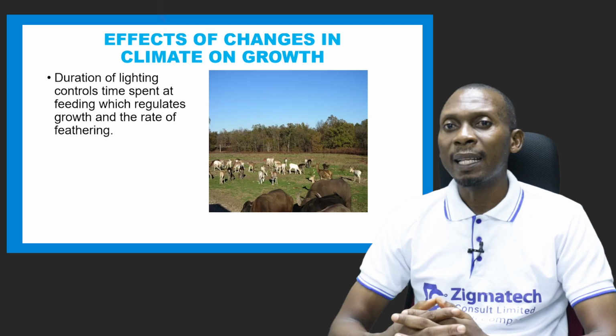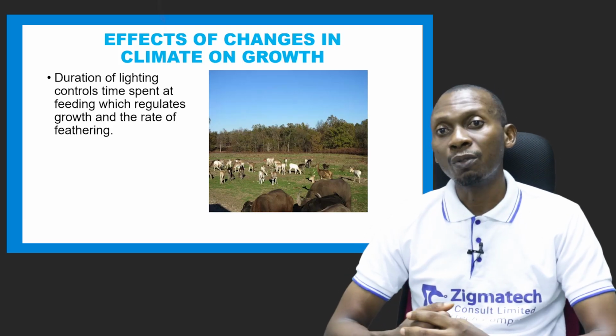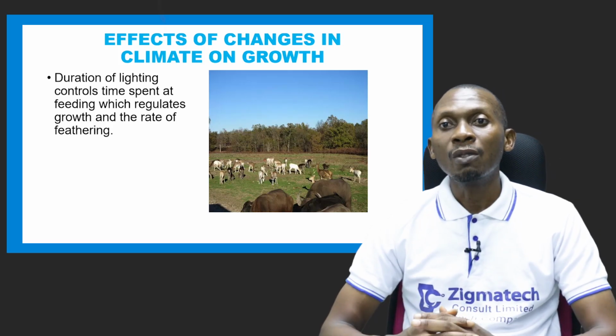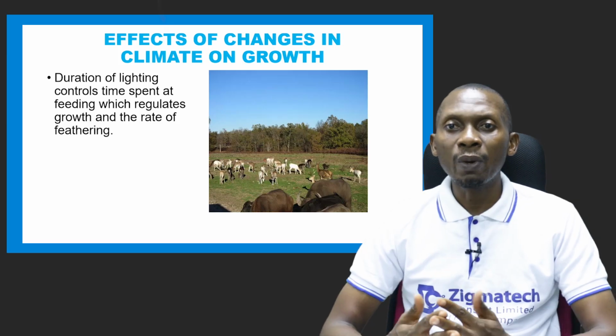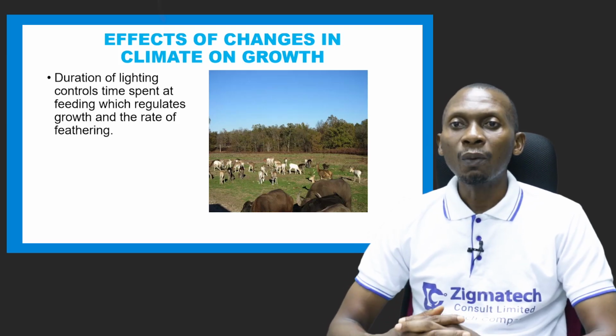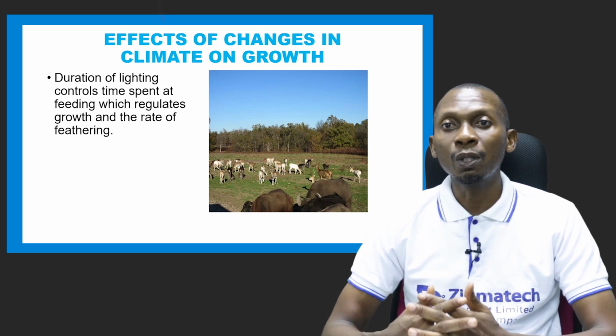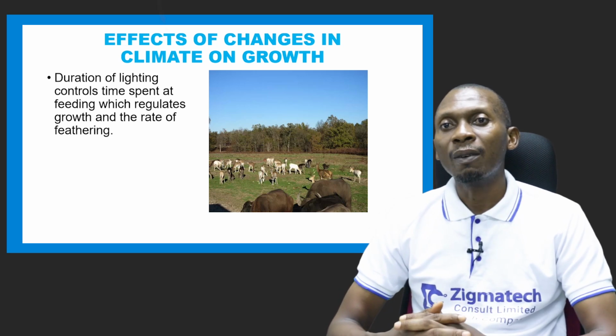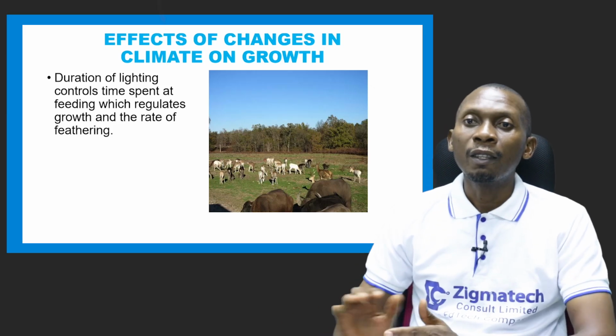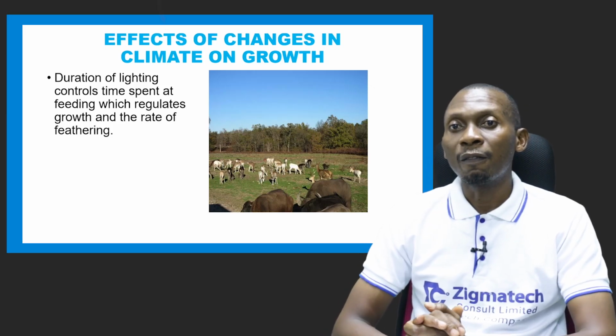That's the reason why light should be provided in our poultry houses into the night, to encourage them to feed so that they can grow well, and their rate of feather production will be good enough. So this is how light affects the growth rate of our farm animals.